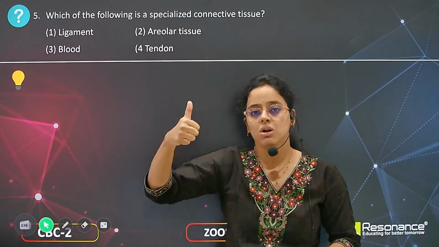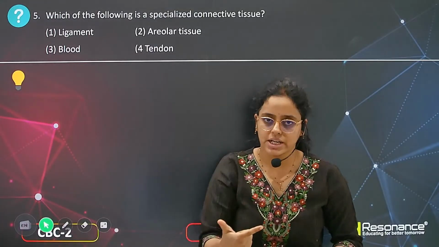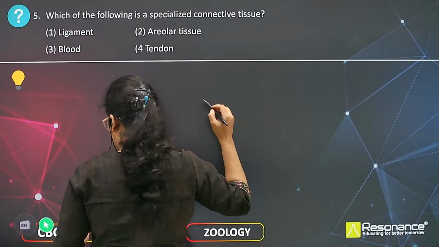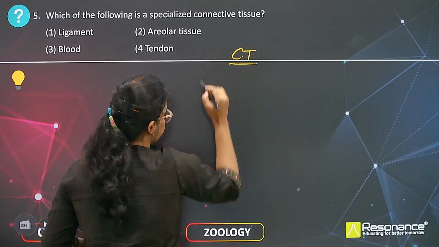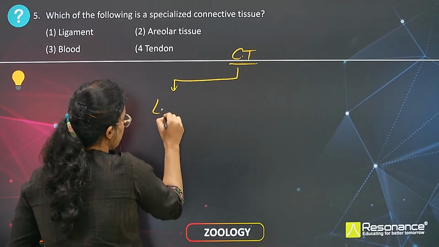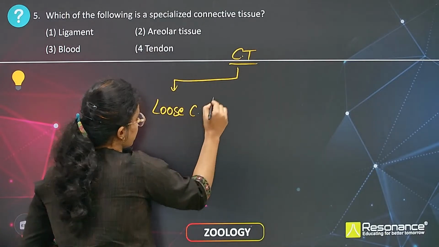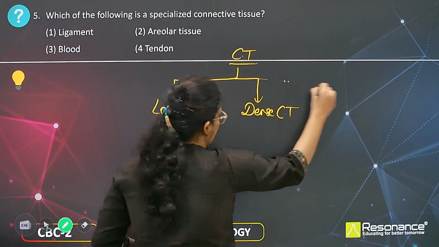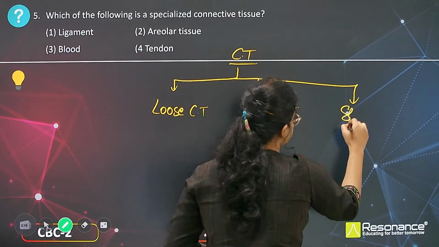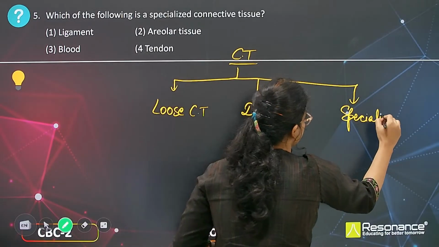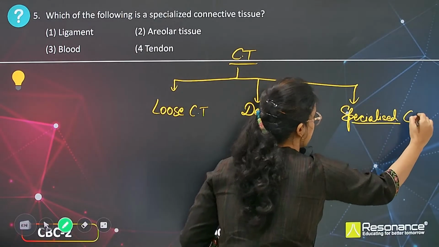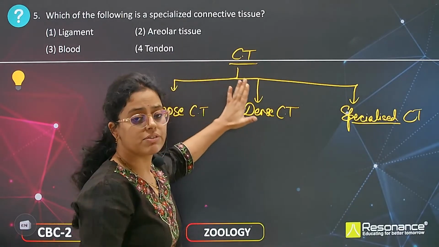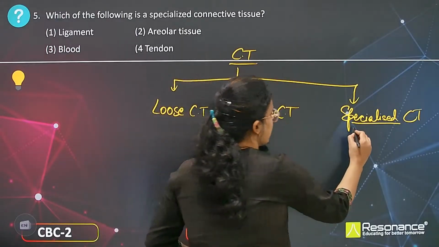Connective tissue consists of loose connective tissue, dense connective tissue, and please mention it properly, specialized connective tissue. CT here means connective tissue.